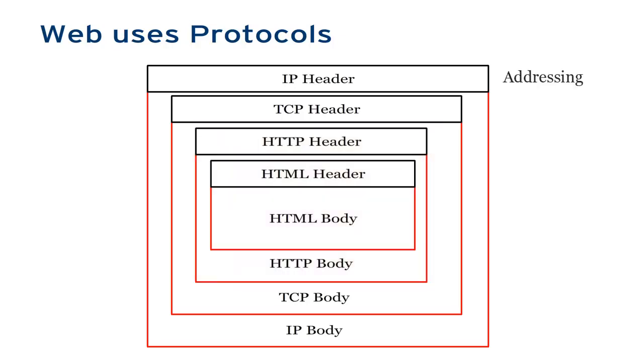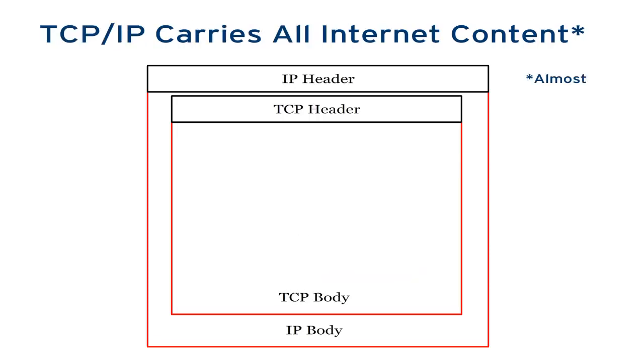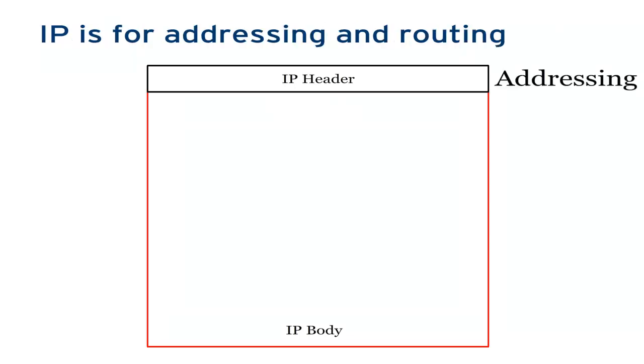IP addresses the packets. TCP numbers the packets. HTTP, one of the possible payloads, says, I want this web page, or here's that web content. The payload of the packets could have been an image, and the TCP/IP packet could have contained some other payload instead of HTTP. Maybe it's email.